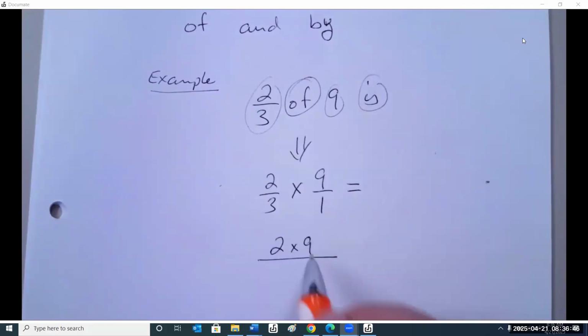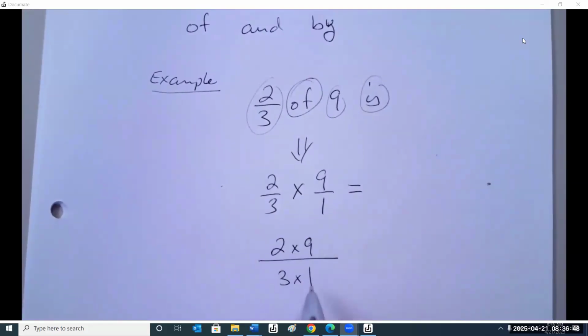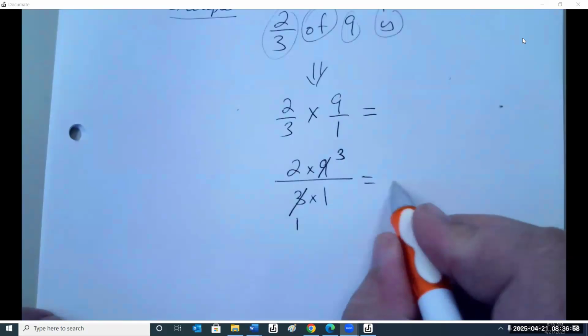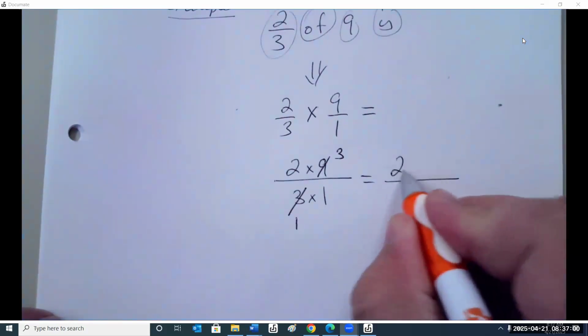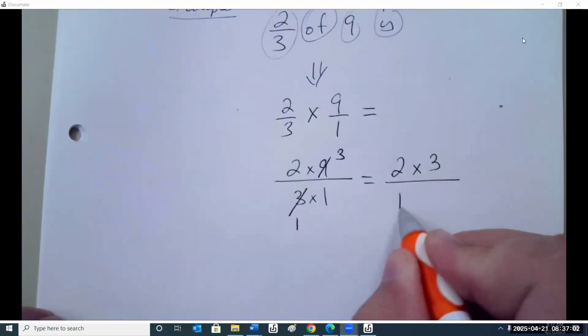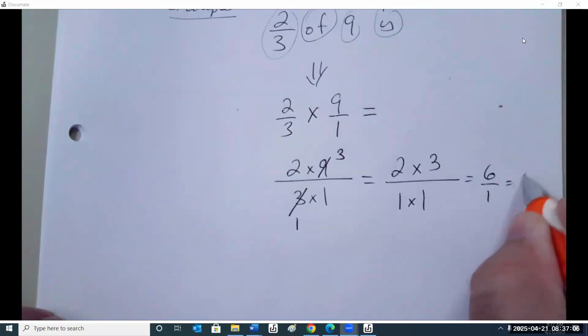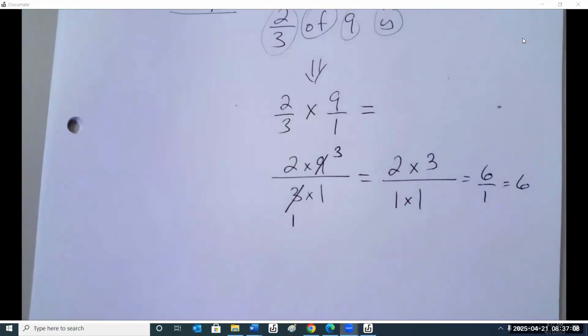Two times 9, 3 times 1. Can anything on top cancel with anything on the bottom? Yeah, the 3 goes into 9 3 times. Equals 6.